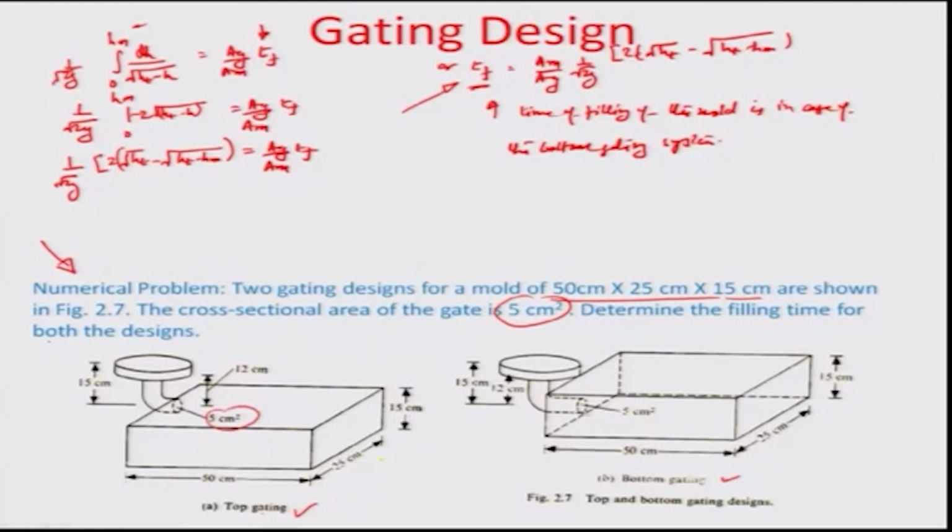In one case, the gate is at the bottom of the mold, as can be seen here, and in another case it is at the top of the mold, and we want to see what the different filling times are, given you are filling liquid iron, so the density can be assumed of the liquid iron. We will see if there is really any difference of time between these two different approaches of filling of the mold. So, with this I close this module, and we will try to solve this problem in the next module. Thank you.